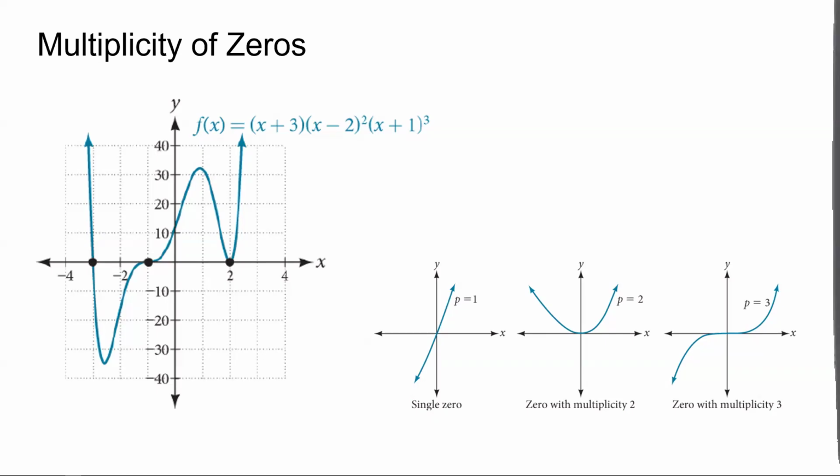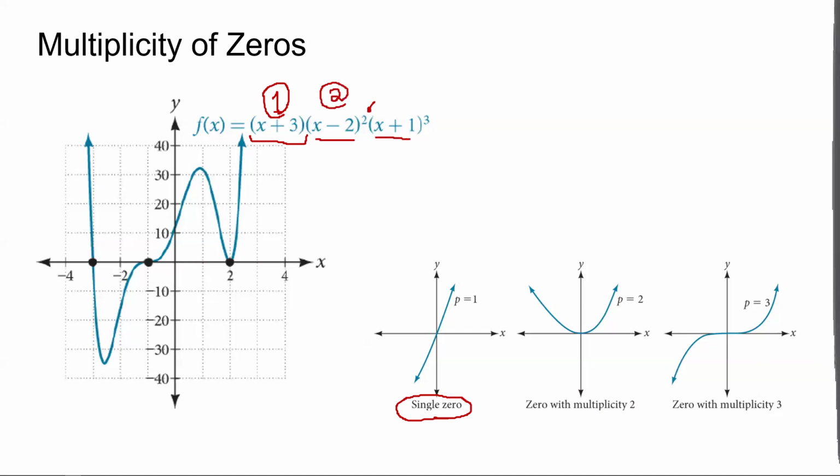If you have a single 0, and when I'm looking up here at this polynomial that they've done there, see how the x plus 3 there's only one x plus 3, whereas right here, x minus 2 gets squared. So there are two of those.